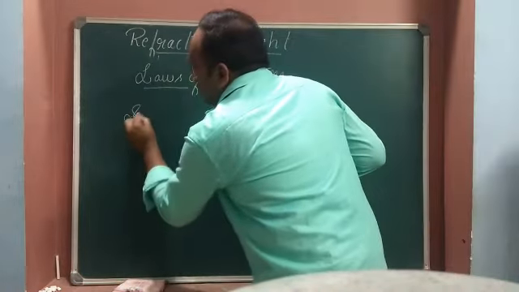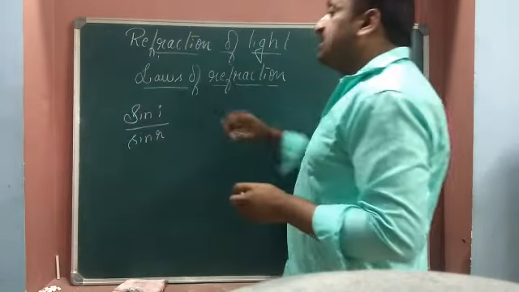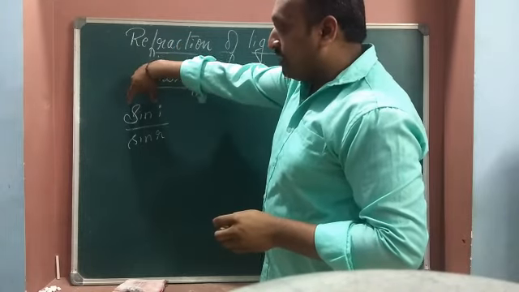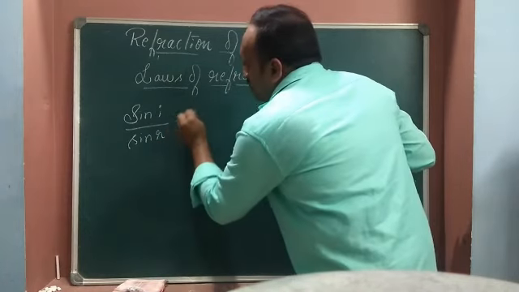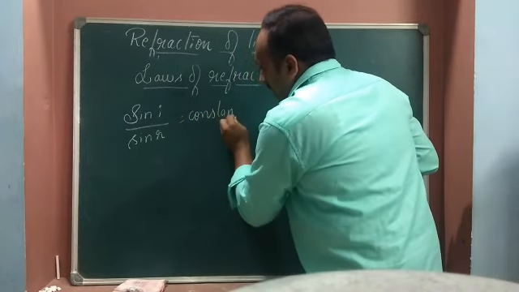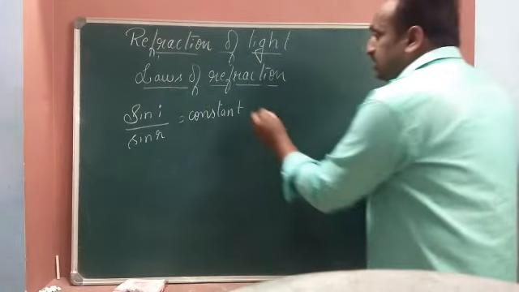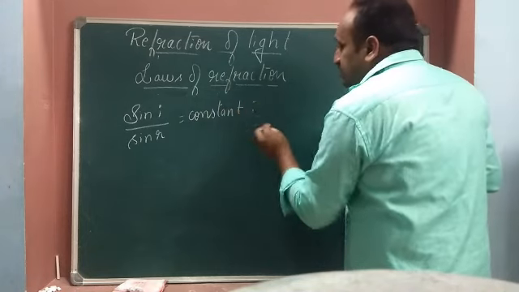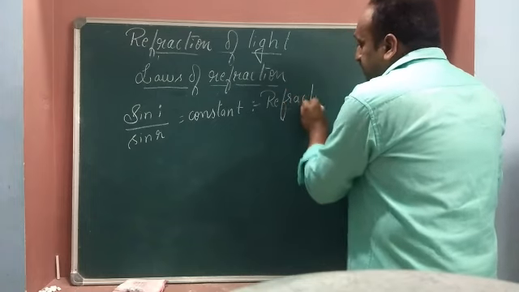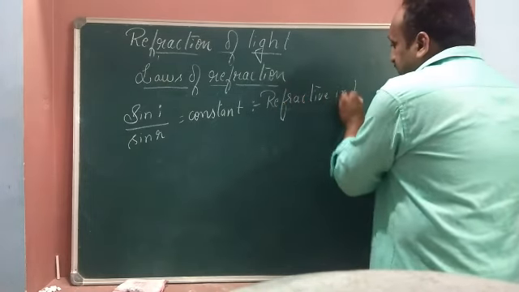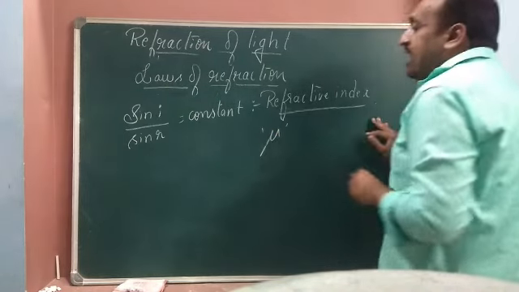I said sine i divided by sine r, meaning for the angle of incidence I should take the sine value, the sine of the angle of incidence to the sine of the angle of refraction is equal to a constant. This is also called Snell's law, and this constant is called the refractive index and is represented with the symbol mu.